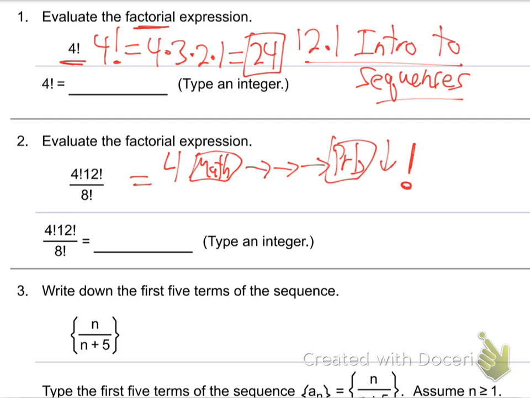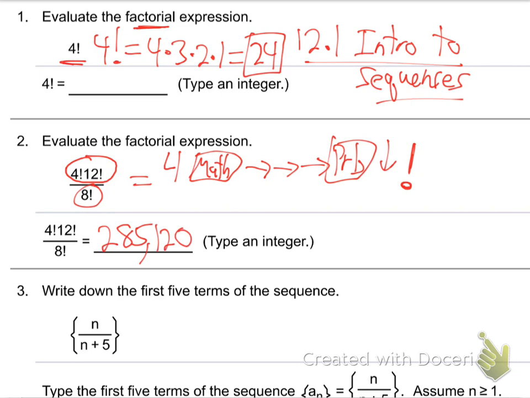Then you can just put in 4 factorial. You don't need parentheses or anything. Just 12 factorial divided by 8 factorial. Hit the buttons, you get some big number.